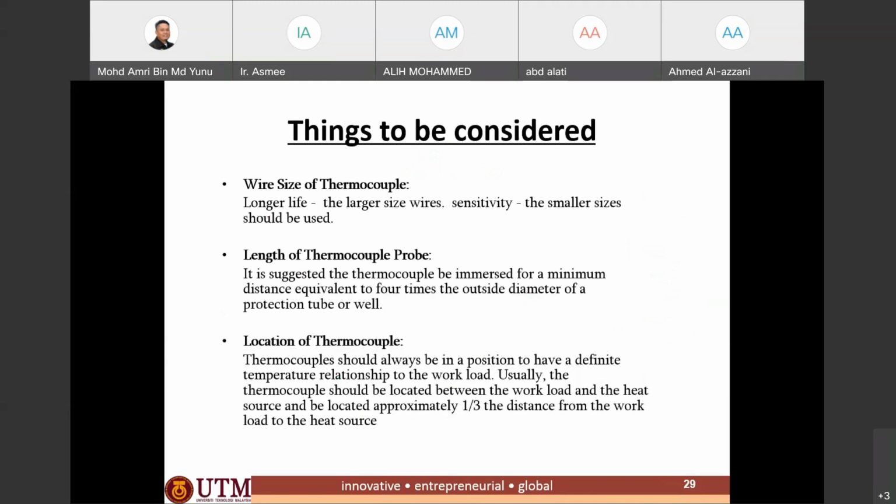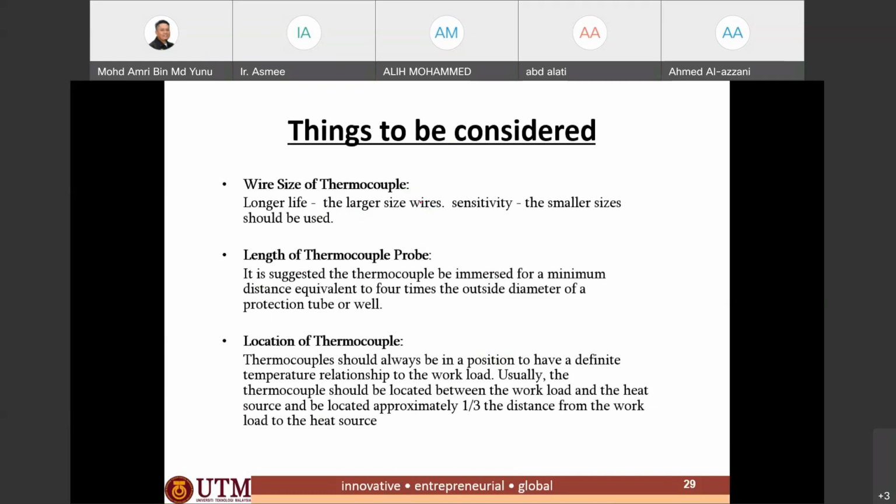So we need to also consider the wire size of the thermocouple. If you use the larger size, it means that it will increase the lifetime, but sensitivity will be compromised.